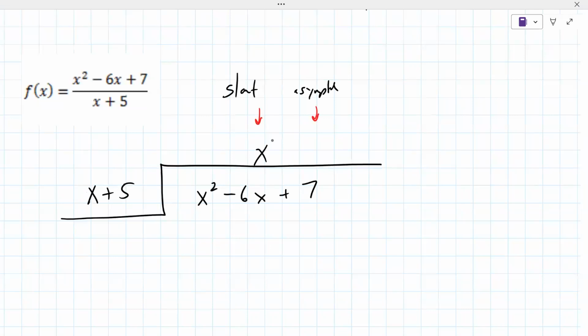Yes, x there. So go ahead and multiply that and then change the signs.